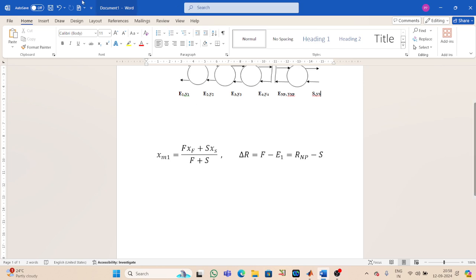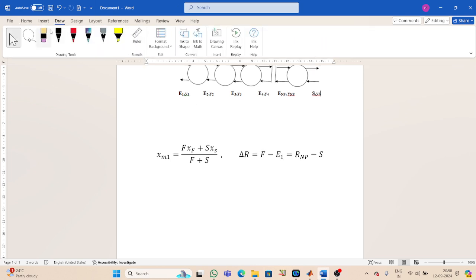Coming to the graph, we'll have an x-axis and y-axis.